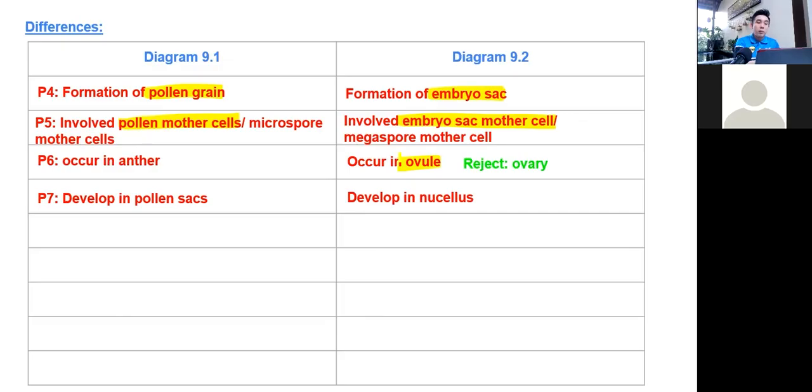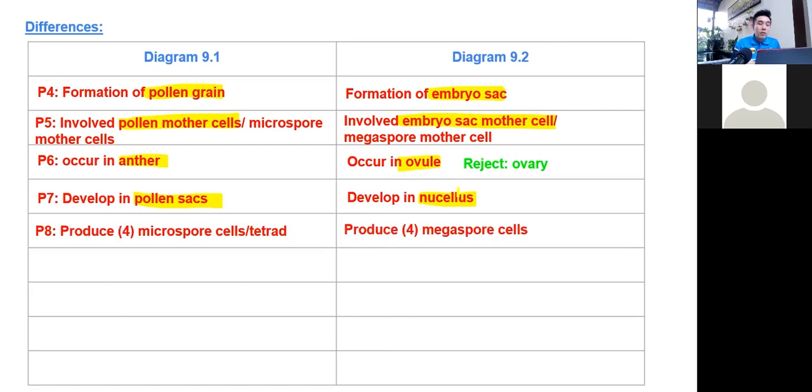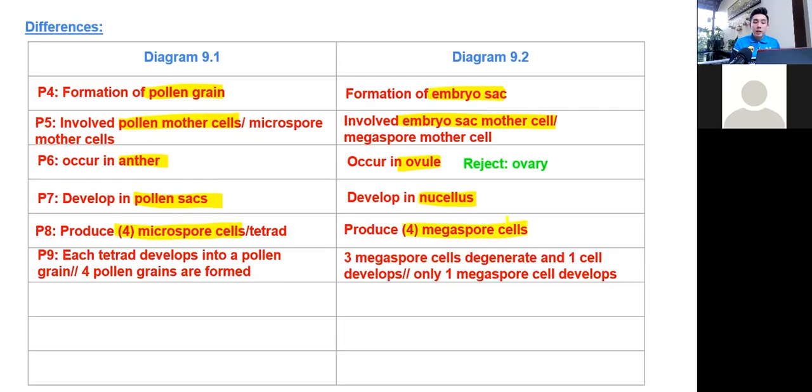Developed in pollen sac, versus nucellus. We get 4 microspores first, and on the right, megaspore. Each tetrad develops; I think this would be much better: you can straight away say 4 pollen grains are formed.